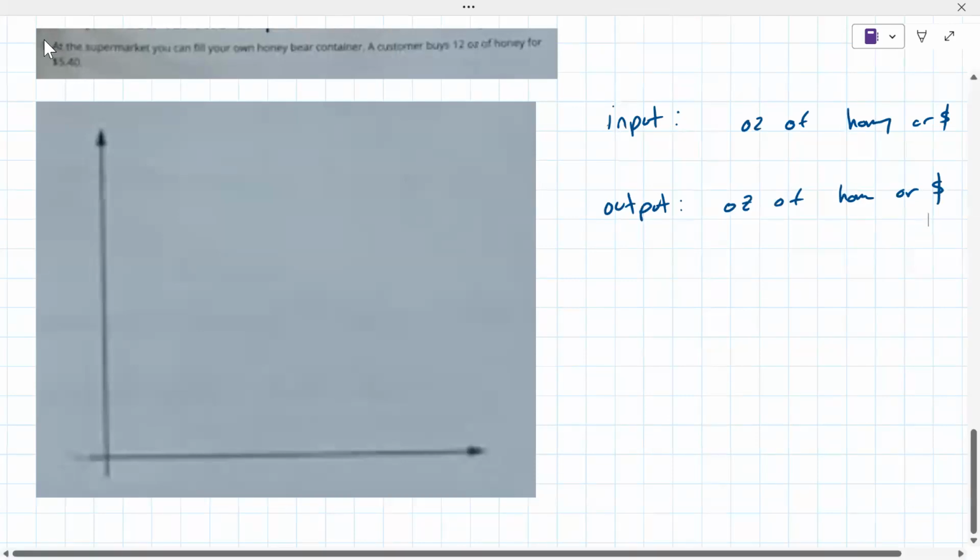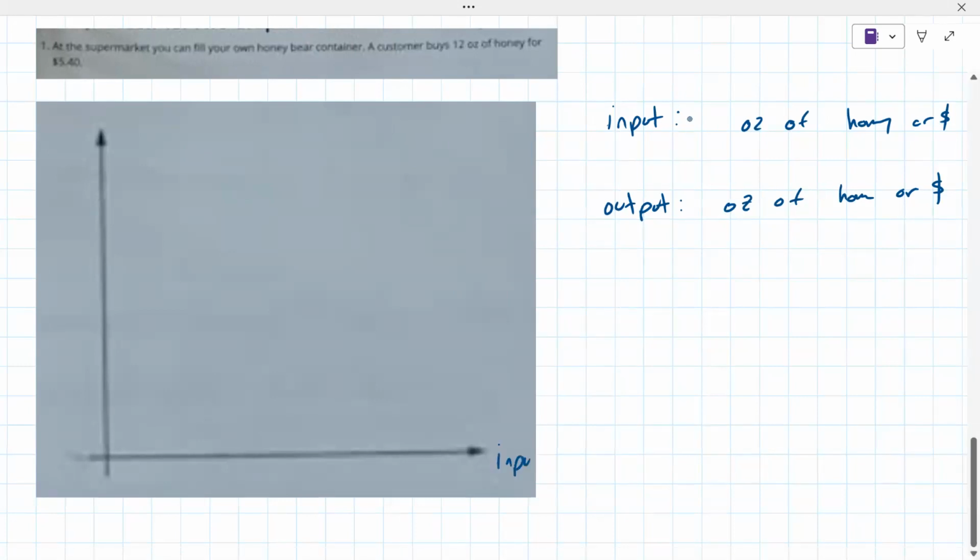The idea is you're supposed to draw on your experience from real life to know, does the thing you buy produce the cost, or does the money you pay cause the amount of ounces you can buy? I suppose you could argue it either way, but maybe one of these is intuitive to you.